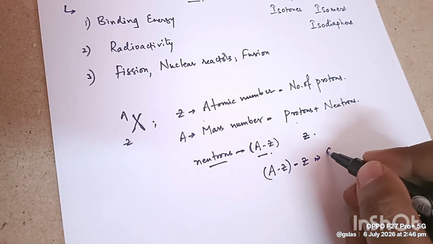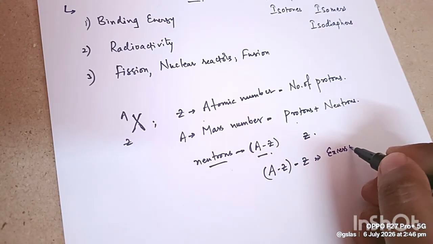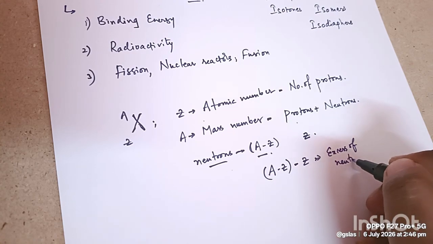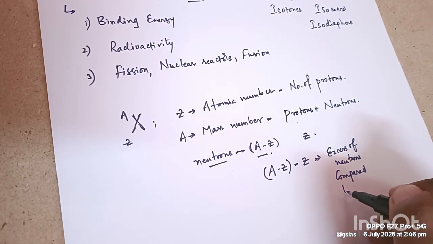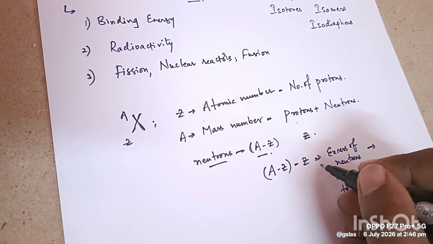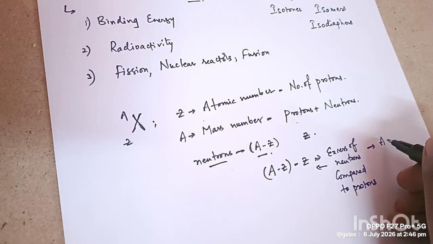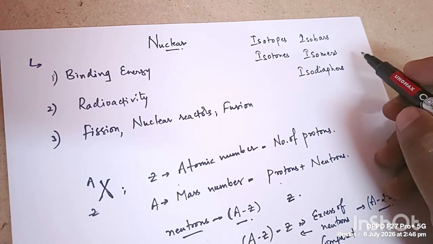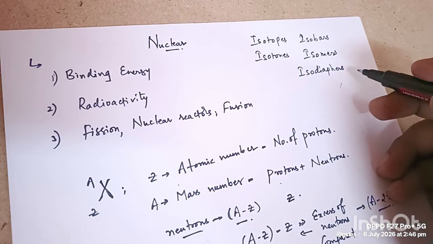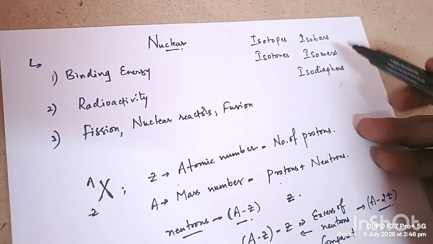This gives us my excess of neutrons compared to protons, right? And that is A minus 2Z. So based on this also we categorize the given pair or whatever number of nuclides into these things, right?